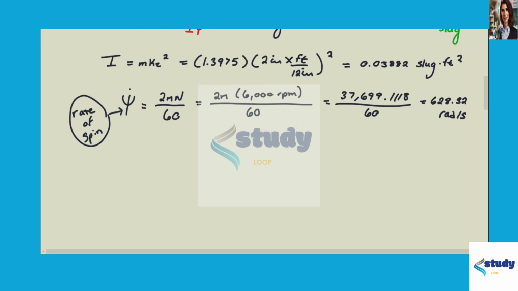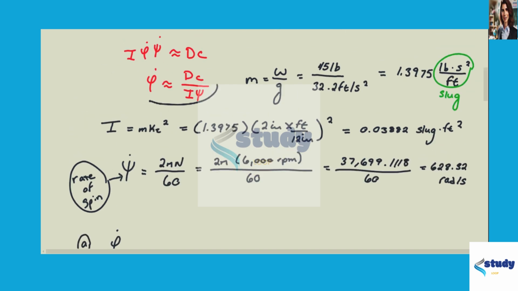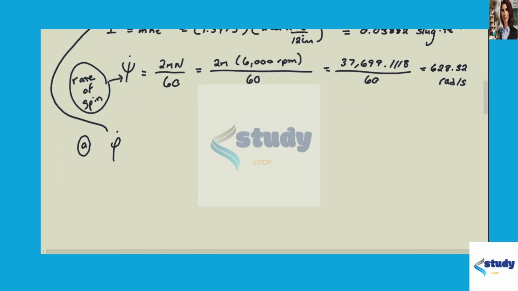Okay, and now what we can do is A, and for A, we go back up to finding our phi. And we're using this equation here. So we're going to bring that down here. And here we can just substitute what we have.